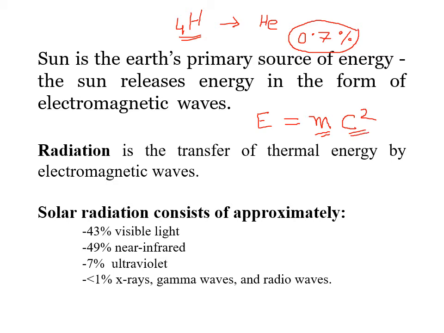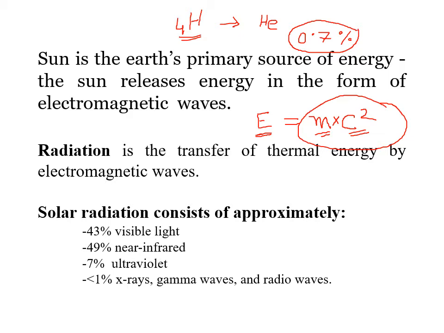So the change in mass will be multiplied with the value of c square, and it produces a huge number, and this number is the change in energy. So with a very minimum change in mass, a huge amount of energy is produced.